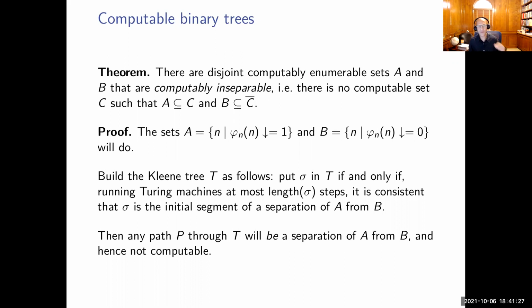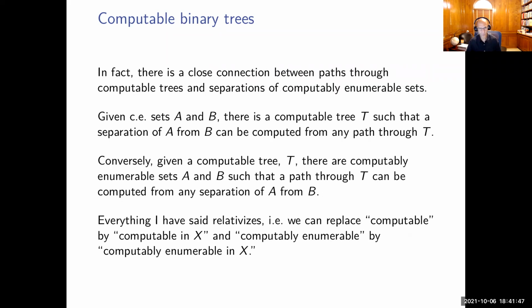And then a path through the tree will just be a sequence that is always consistent with being a separation, and you can show that means that it actually is a separation. So you construct a tree such that any path through the tree separates two computably inseparable, computably enumerable sets.